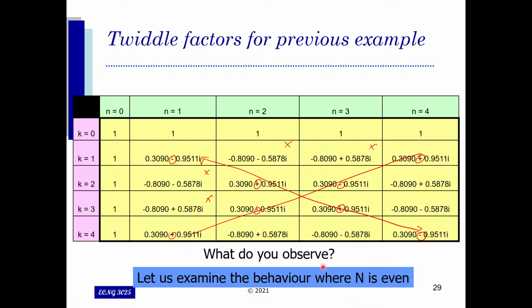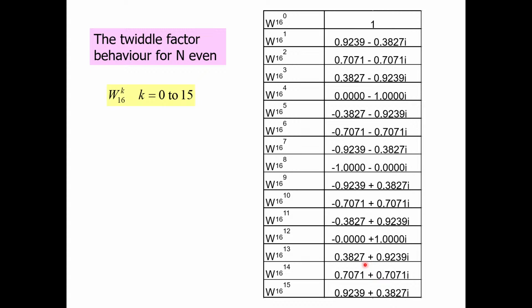So let's observe the behavior when we have n going in even values. If we list out all the 12 factors here for W of 16, K, where K goes from 0 to 15, the first thing that we want to observe is that we have a symmetry property, such that the first half of the 12 factors are just going to be the negative counterparts of the second half.